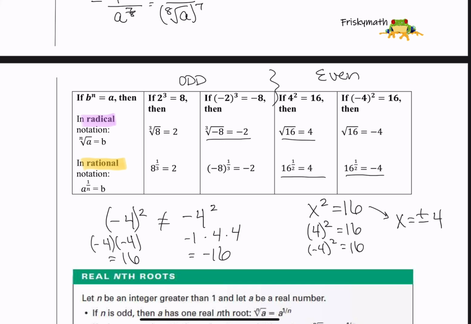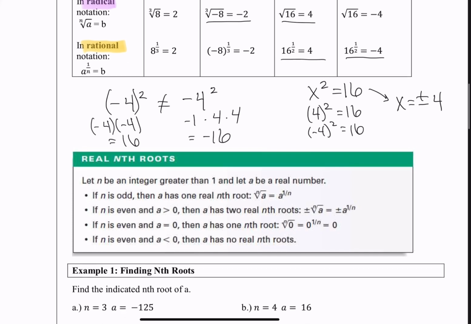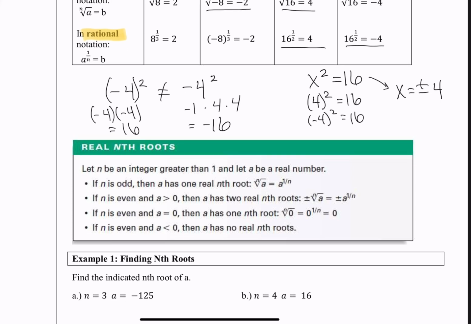Which brings us to another reminder. I'm going to go right down here to this very last bullet point. If n is even, so if you're taking the nth root, and it's even, so the square root, the fourth root, the sixth root, the eighth root, and a is less than 0, in other words, a is a negative number, then a has no real nth roots.